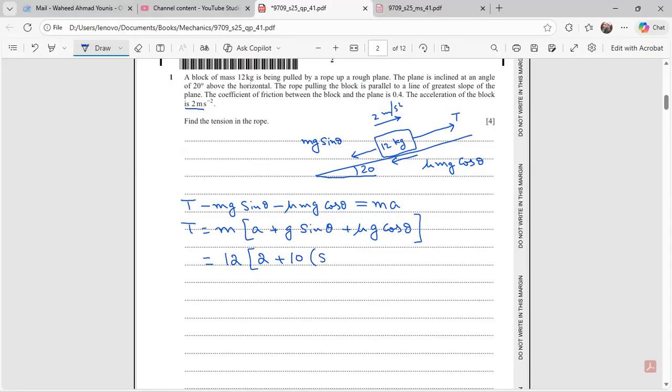So inside is sine of 20 plus mu is 0.4, 0.4, and cos of 20 degree. Okay. So when I calculate all these things, it comes out to be 110.15 Newton. Okay, easy. So this was question number 1.